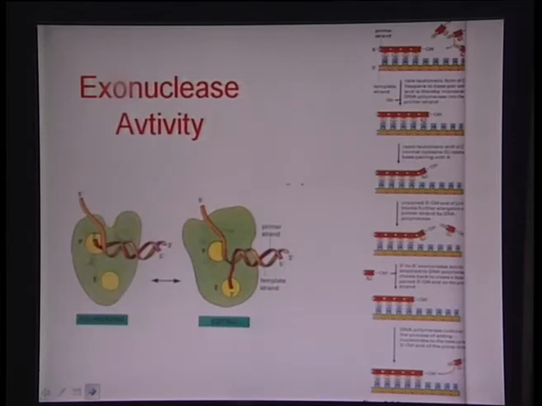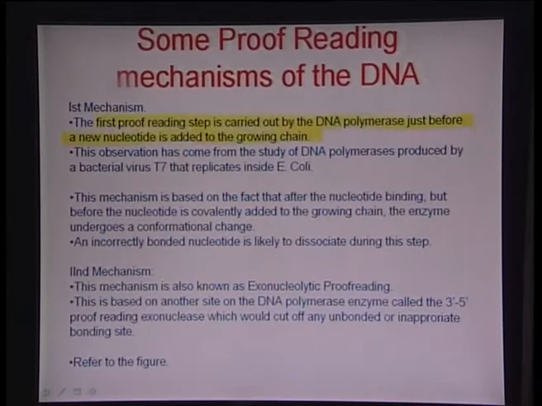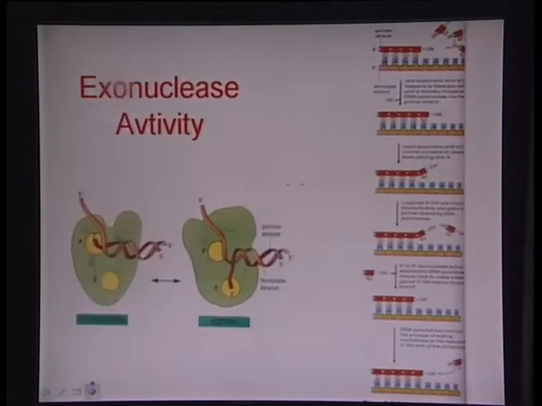When a new nucleotide is added to the growing chain, there is a proofreading step carried out. This mechanism is based on the fact that after the nucleotide binding, but before the nucleotide is covalently added to the growing chain, the enzyme undergoes a conformational change.